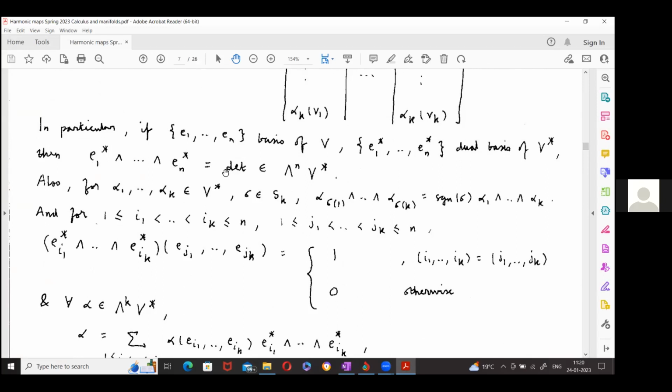So this is the determinant of what? If I give you n vectors V1 to Vn, then you express them with respect to the basis E1 to En. That gives you an n by n matrix. You take its determinant, right? Okay. So in that sense, this E1 star wedge up to En star gives you the determinant, which is an element of wedge n V star. Okay.